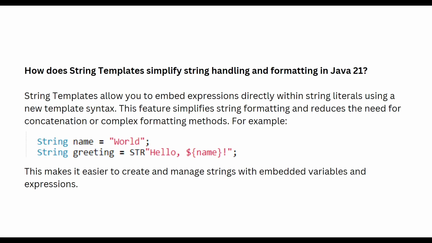Here you are simplifying what you want to do using string templates. This makes it easier to create and manage strings with embedded variables and expressions. And if you have used maybe Angular or TypeScript, this is a new way of writing more readable code. So yeah, a new way to write strings.